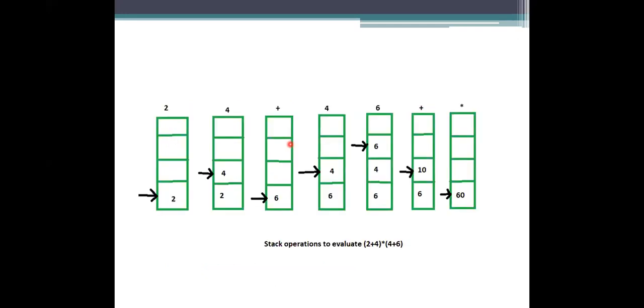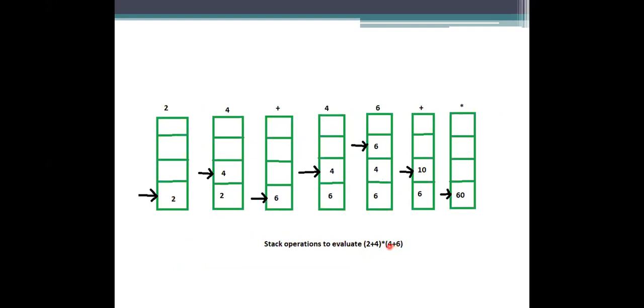If you see this representation, the operation here is 2 plus 4 into 4 plus 6, which is the expression we are using. Here 2 plus 4 and 4 plus 6 are separated, and they have to be evaluated individually.